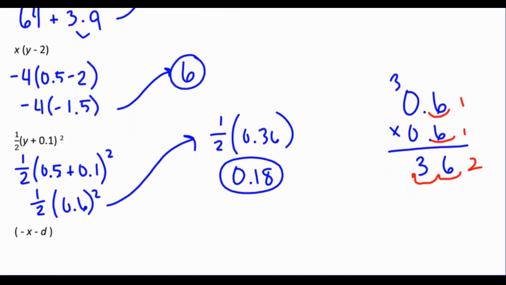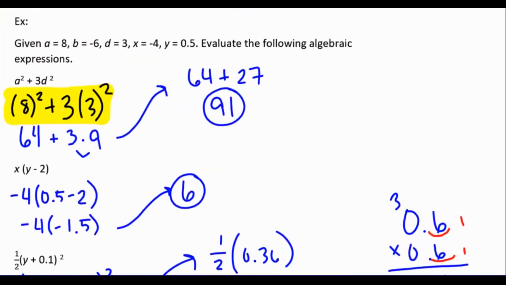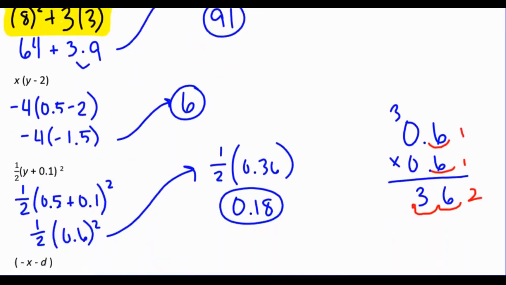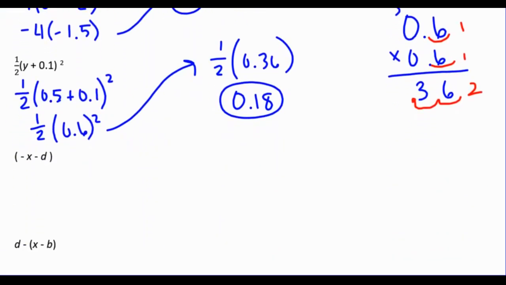Next, I have a negative x minus d. So my x is -4 and my d is 3. So I can't forget the negative that's already here, right? This negative is already here. But now my x value is -4. So I'm going to just kind of make it like this. Hopefully we can kind of see the difference there.